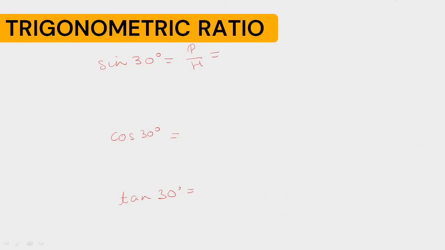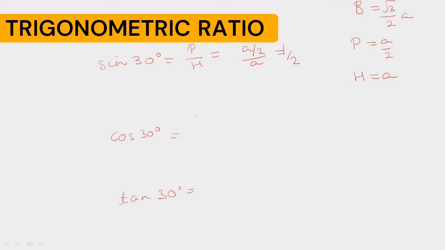Value of base here is root 3 by 2a, the value of perpendicular is a by 2 and the value of hypotenuse is a. So what will be here? P by h. That means a by 2 by a, which is 1 by 2.